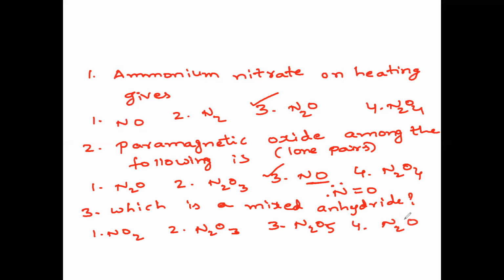The answer is NO2, because NO2 on dissolving in water forms HNO3 only. That's why it is called a mixed anhydride. HNO3 is nitric acid. I hope it is clear. So the answer is NO2. Next.